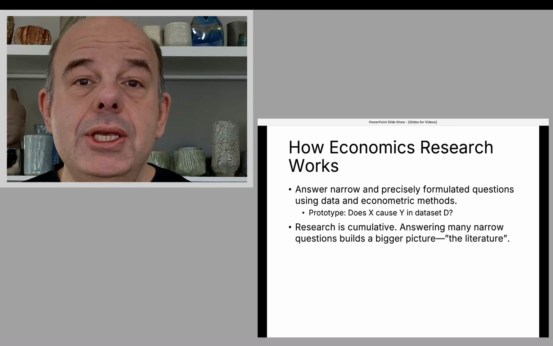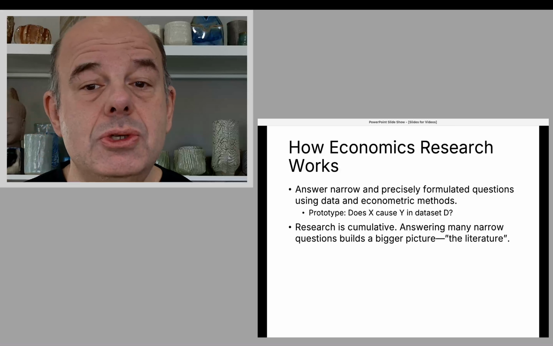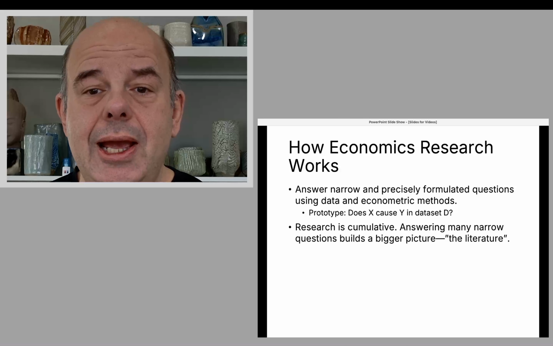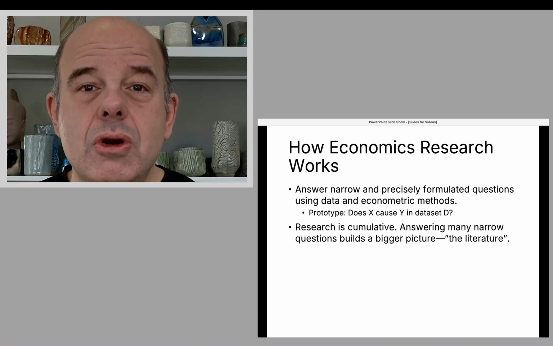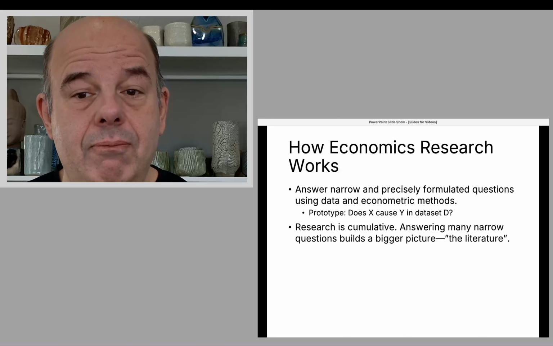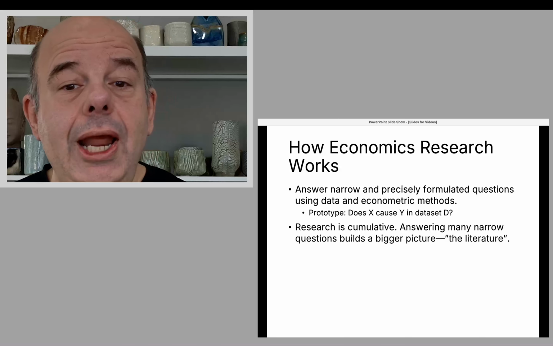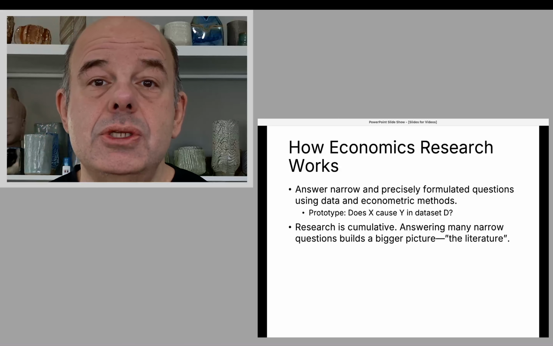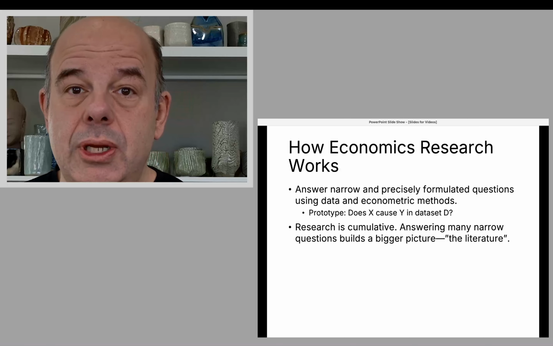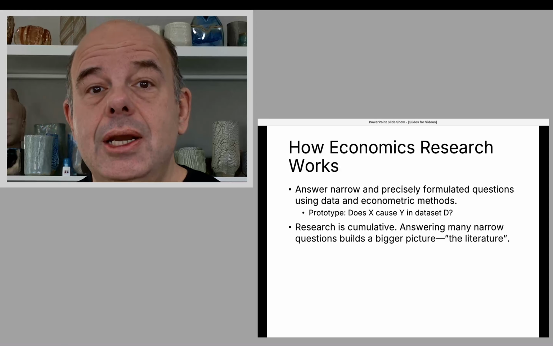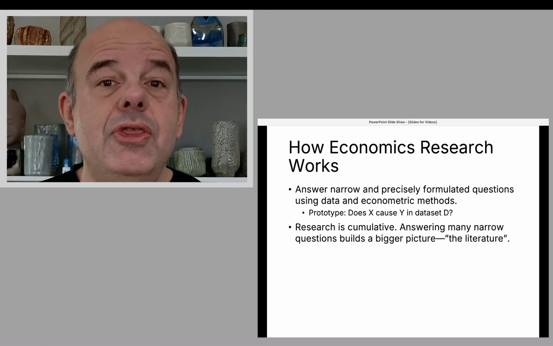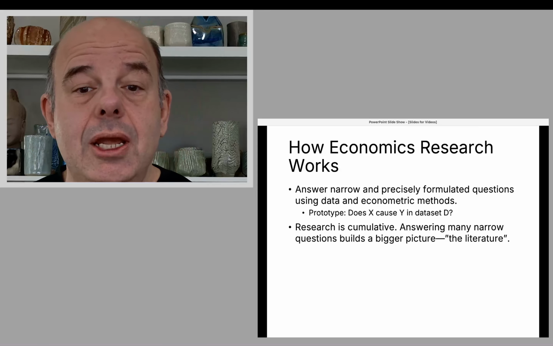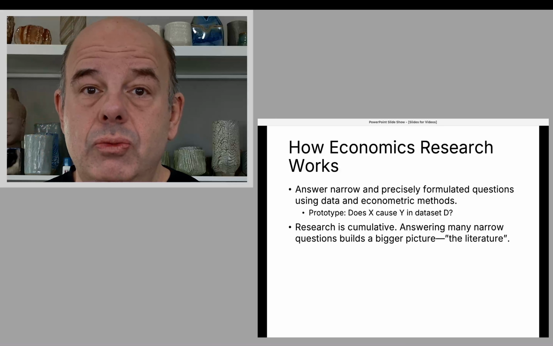This process leads to a bunch of answers to precise questions in which we have a high degree of confidence. Why do we want to organize our work in that way? Well, we want to have this high degree of confidence so that each paper that gets written, each analysis that gets done, contributes to a storehouse of knowledge that we can rely on as containing a bunch of things that we know to be true.